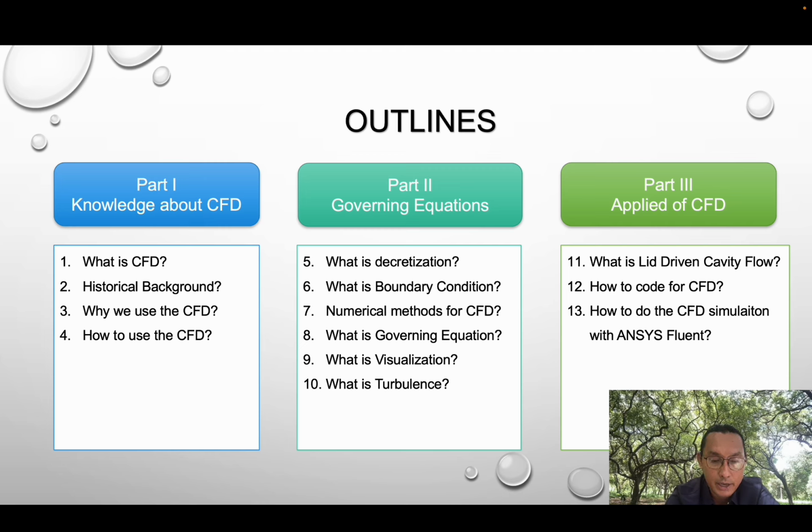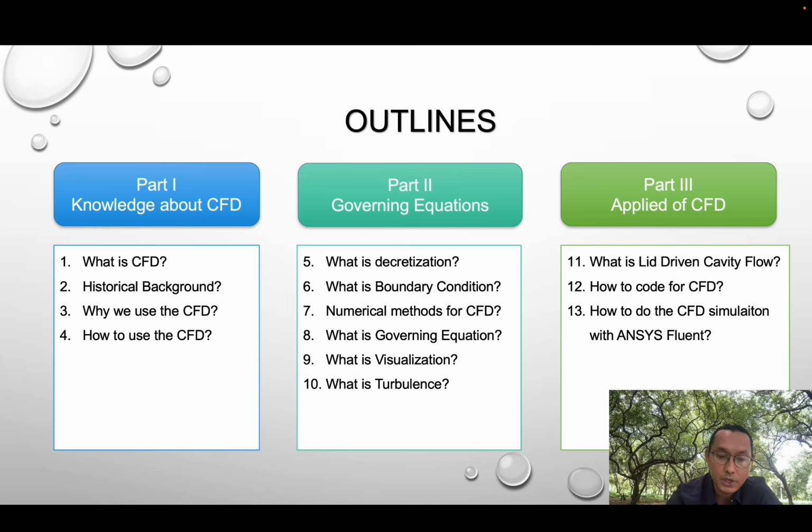What types of application were first used in the design industry, and then we go to the applications of CFD and what types of benefit we get by using CFD analysis, with many examples from engineering fields, and then what are the essential requirements to do an efficient CFD simulation.